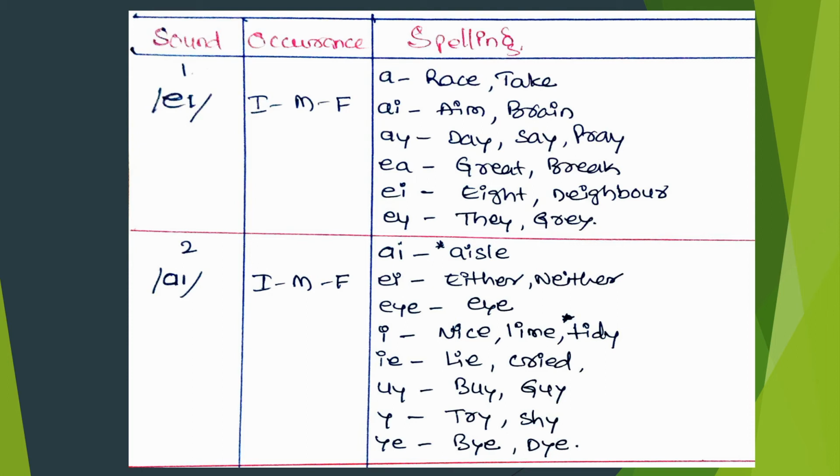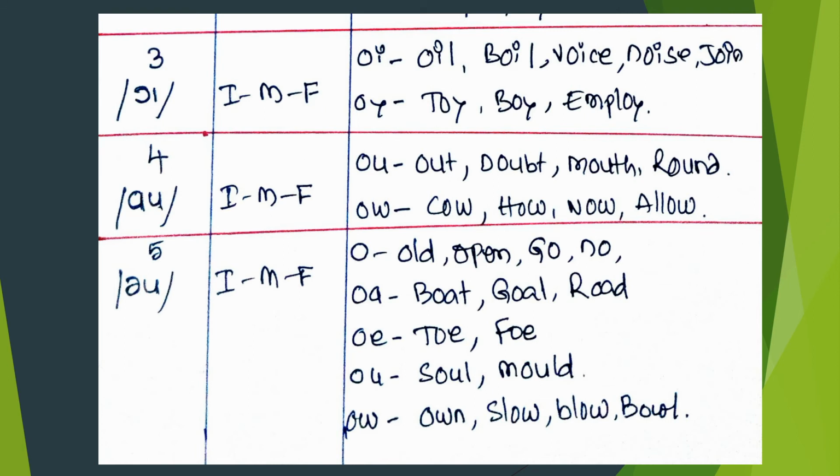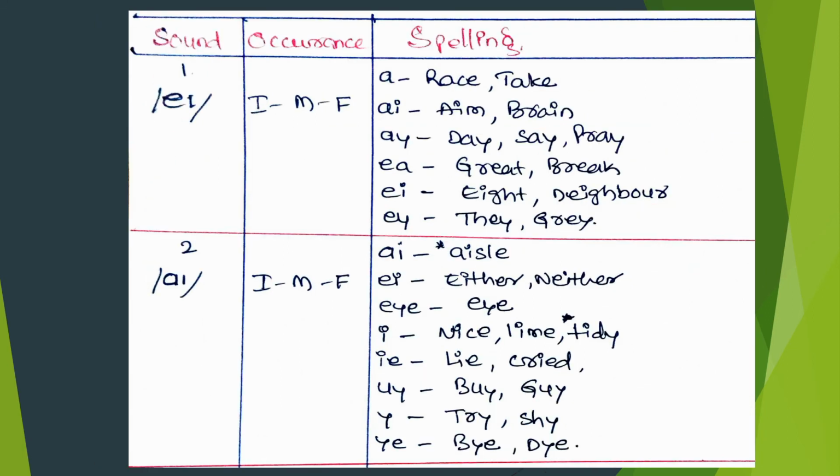One is A, second is I, third is oi. Okay, come back. Now A, first sound A. What is the first element? A. Second element? E. Yes, together it is A.